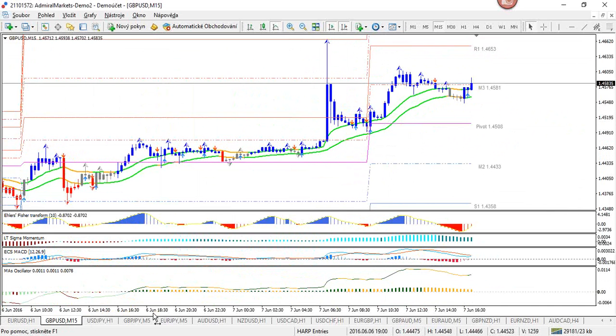So maybe not the best example, but just for example's sake, please allow me to show you this pound dollar and how the same concept can be used on these lower time frames. So instead of looking at the daily, the 4-hour in combination with the hourly, we're going to look at the 15-minute, the 5-minute, and then the 1-minute chart. If you're not a scalper, just bear with me, and we'll take a look at higher time frames or medium time frames in just a second.